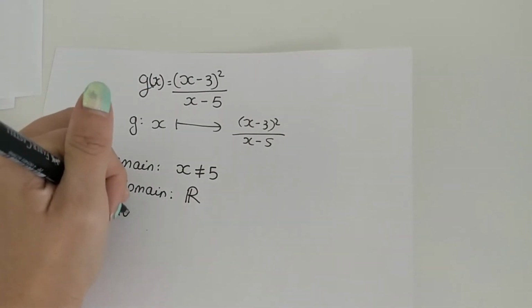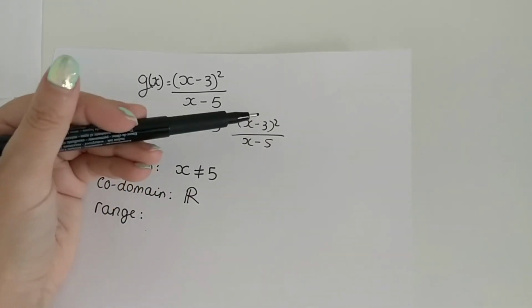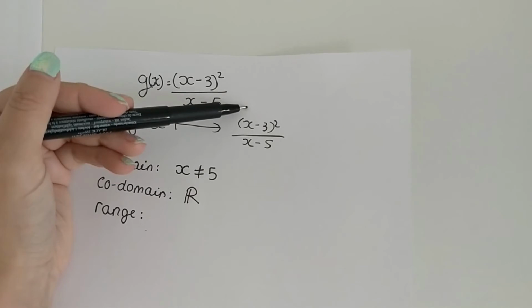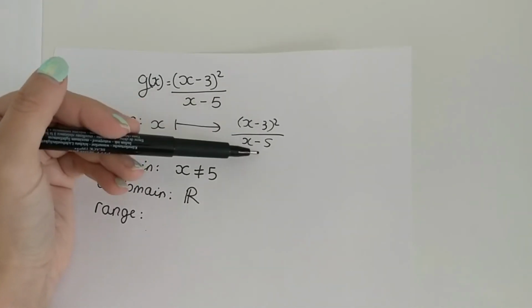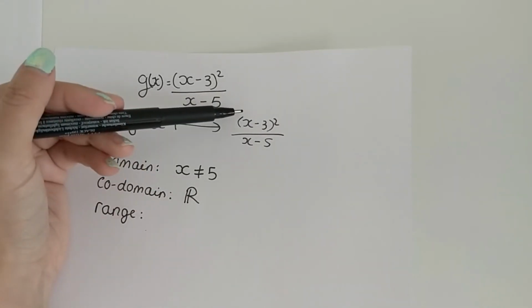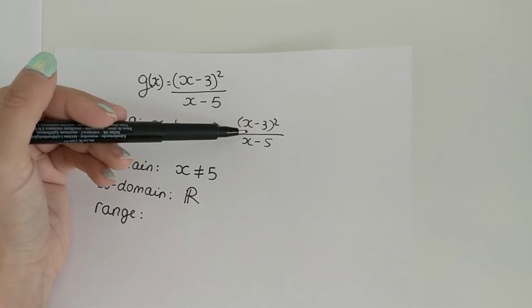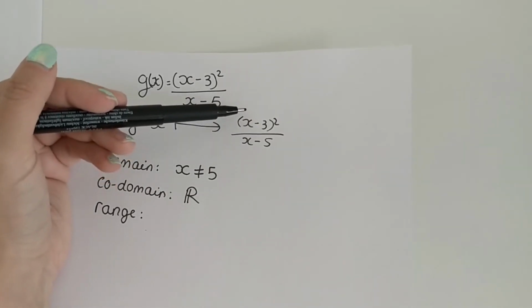Okay, but the range, what values are actually possible? So is there anything that is impossible? Let's think. Could I get 0? Yeah, because 3 take away 3. I could get 0. Could I get 1?